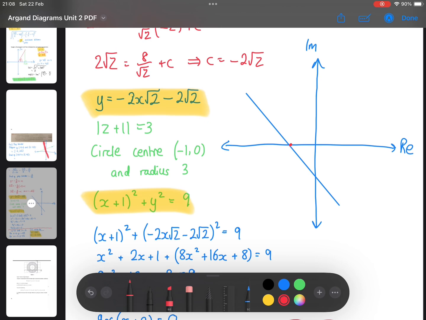So we have minus 1, 0 and radius 3. So it's going to be somewhere like that. Yes, that is a terrible circle. But we're interested in the part inside the circle because it's where the modulus is less than 3. And we've got solid lines here because of the inequality signs. And we're interested in this shaded region here, which is what we need to shade in. But do be more accurate if you're doing this in an actual exam question.